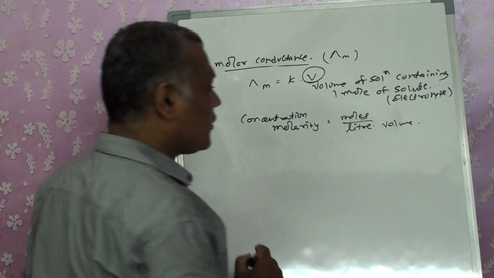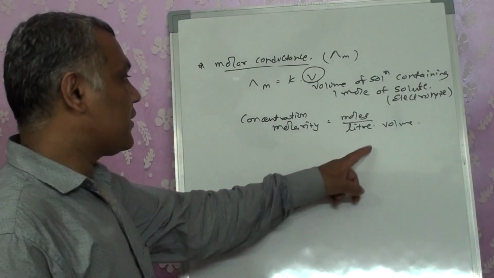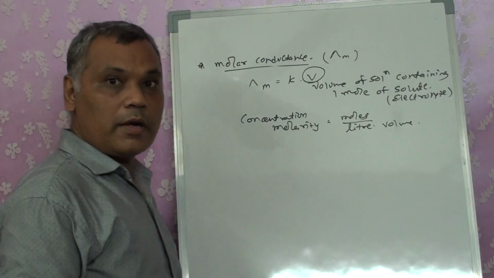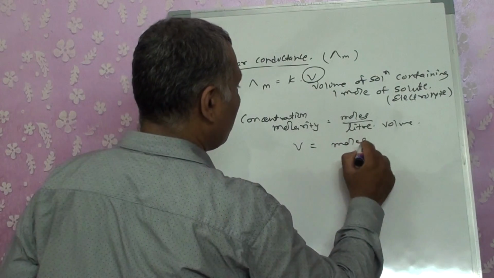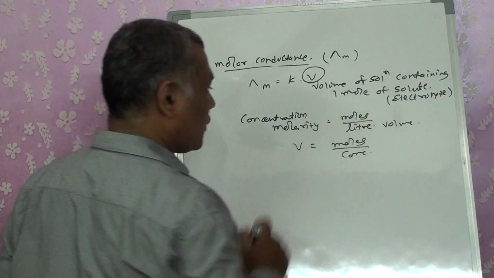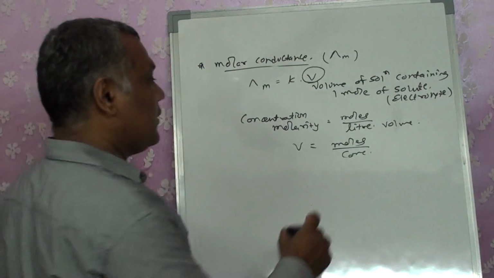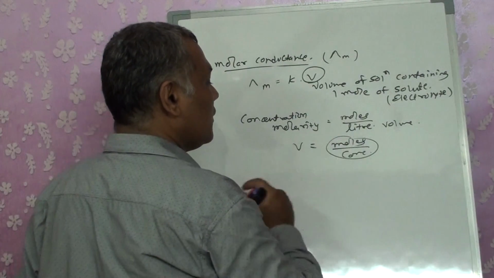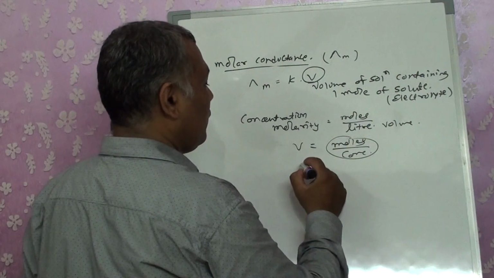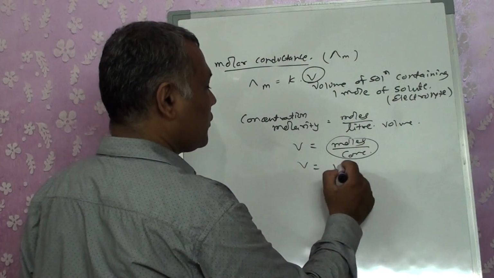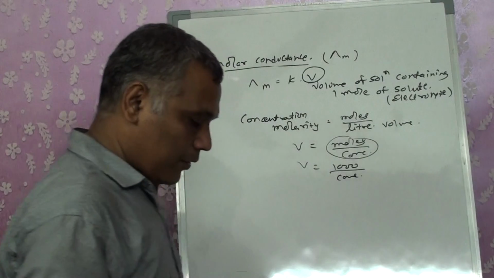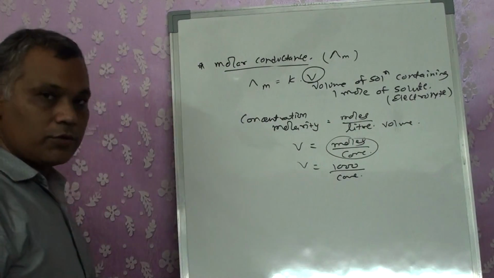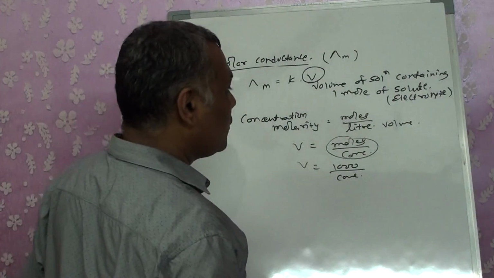So if I take the volume, it is measured in liters. That is in terms of molarity. So if I want to convert it, we can write V is equal to 1000 by concentration. The V we get is 1000 by the concentration of the solution.